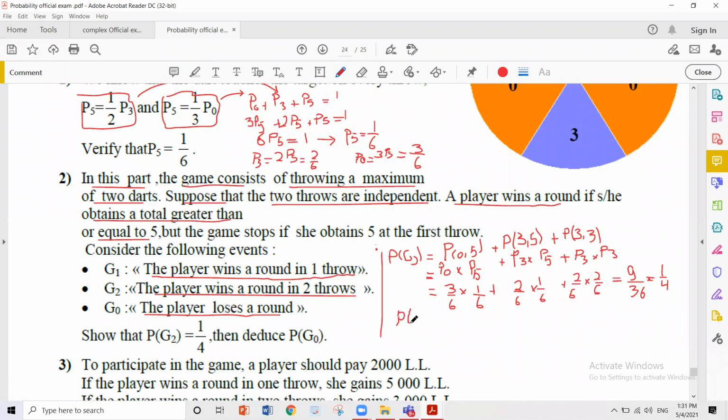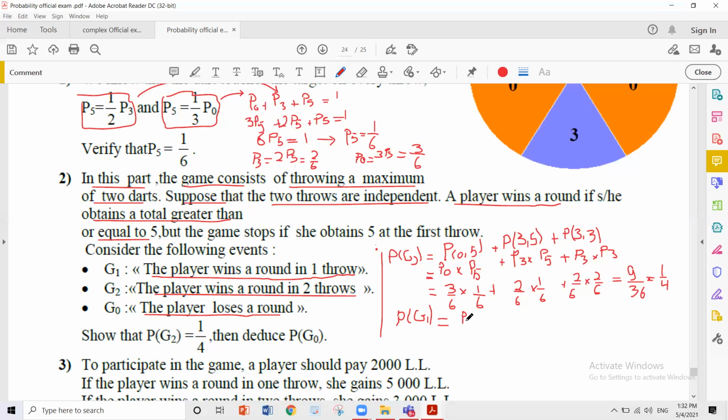Before, the probability of G1 is how much? G1, the player wins the round in the first throw. What is the probability of G1? P5, which is 1 over 6.